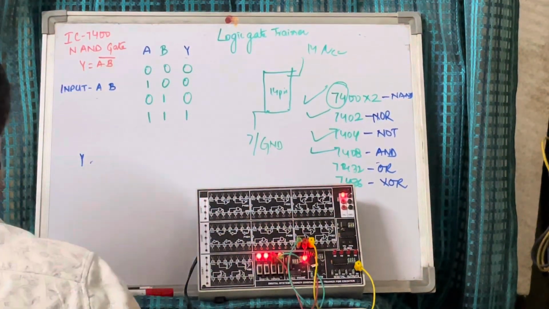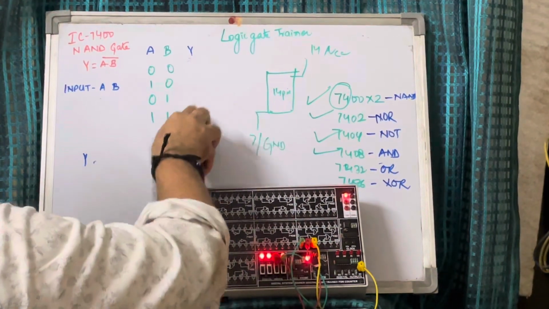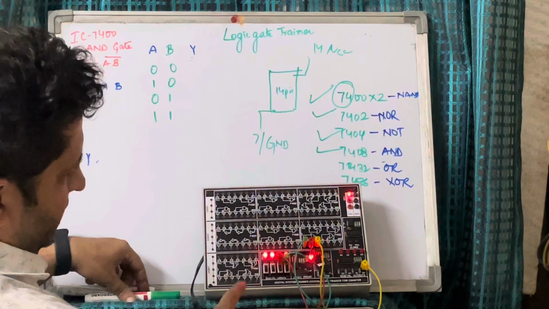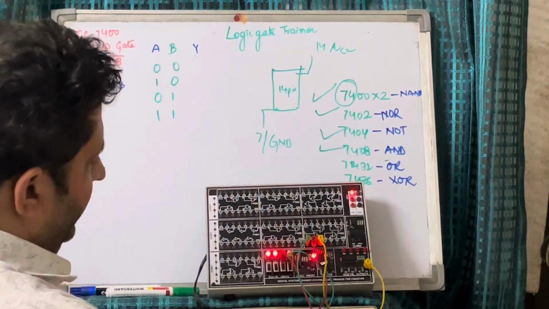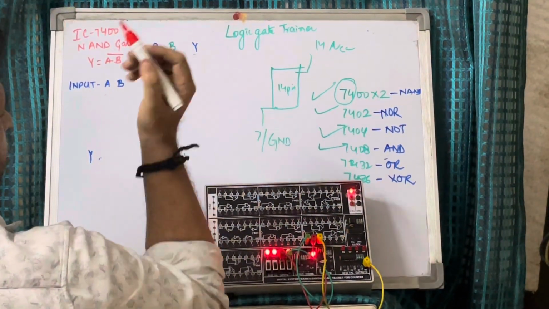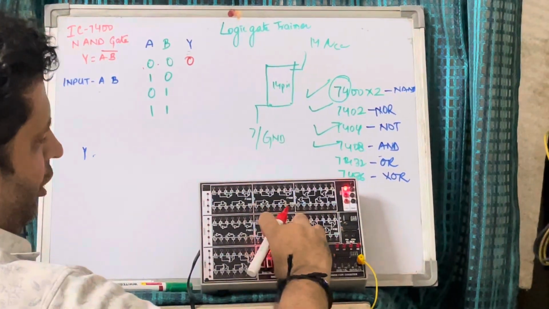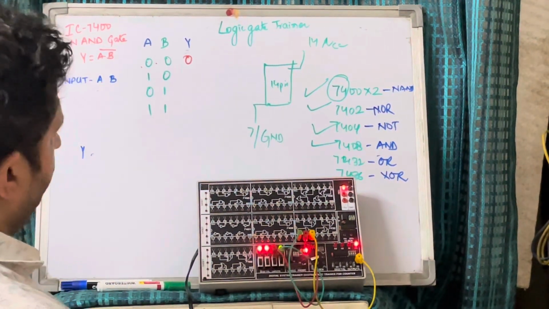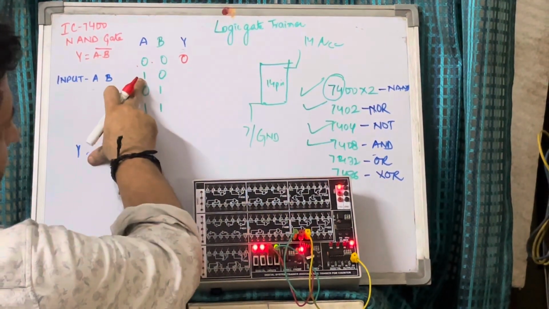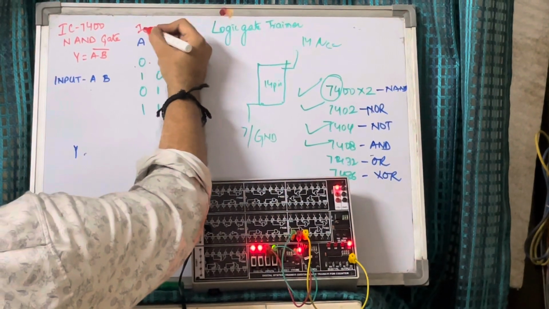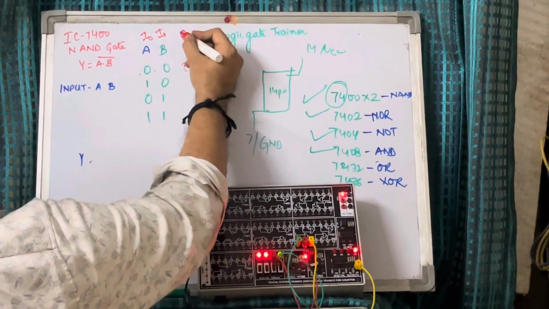Again we'll go through the steps as we have been doing. So this is the first. What we have done is 0 0, both inputs low, output is 0. Now we are doing 1 0, that is I0 is high, this is I0, this is I1, this is O0.